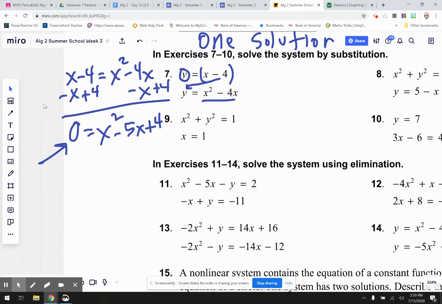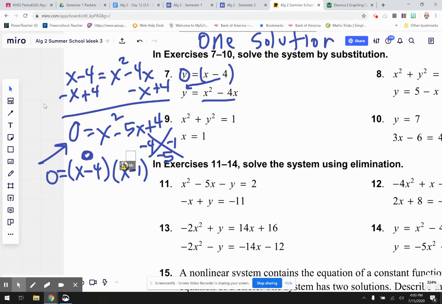If you put this 4 on top and put the negative 5 at the bottom, negative 4 and negative 1 would be two factors. And so I would say that your parentheses would be x with a negative 4 and x with a negative 1, and it equals 0. Okay, so your factors are negative, but what's going to make each parenthesis 0 is our answer.